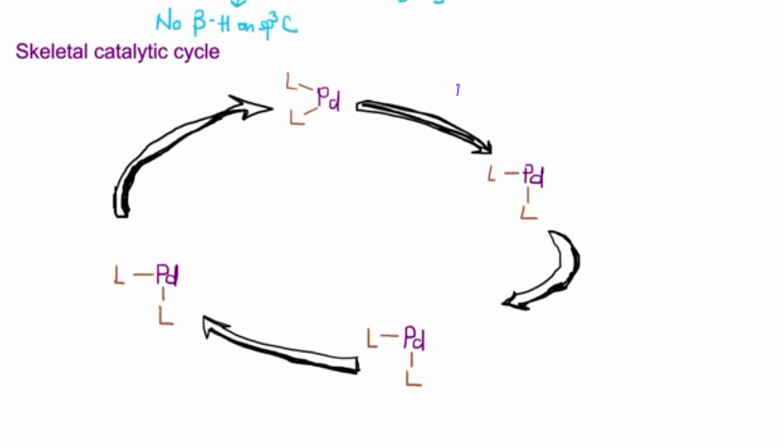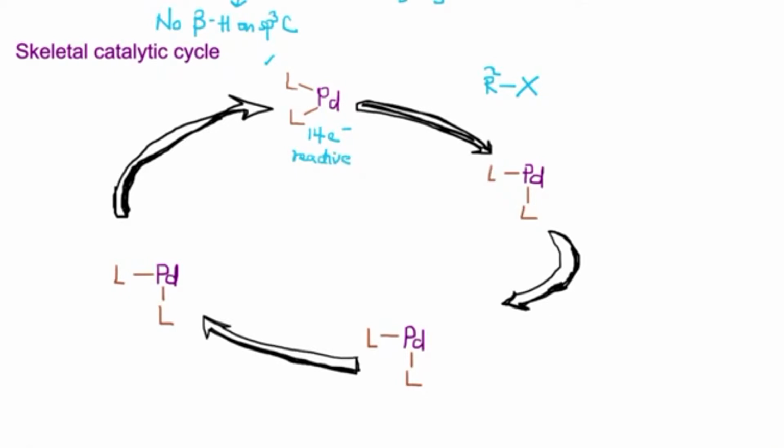The first step involves our organohalide, and this organohalide will just make our R to be R2. Since this first metal complex is considered to have 14 electrons, this 14 electron complex is known to be really reactive.